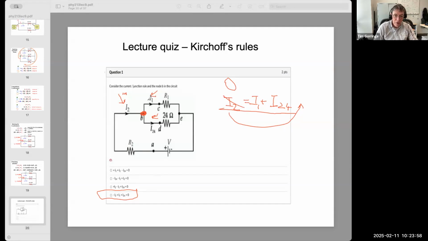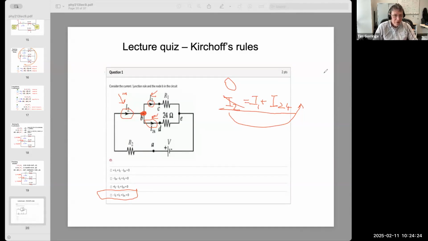This arrow upstairs is pointing away from point B, and this one is also pointing away from B, so they're pointing out of B. This one here is pointing into B. That's why I chose the signs as I did and said that I2 is in, and I1 and I24 are out. I hope that's okay.